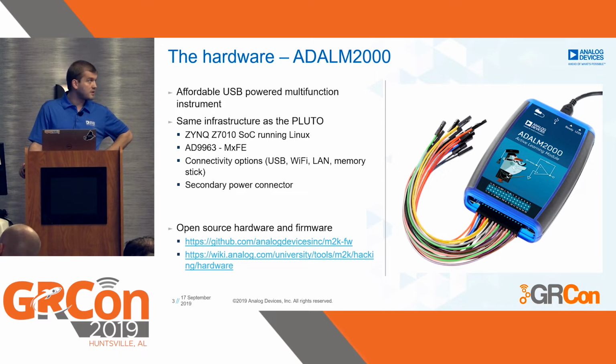But the connectivity options are the same as the Pluto, so you can connect to it using USB. You can have a Wi-Fi dongle or a LAN dongle, or you can even put in a memory stick. If you want to use the OTG capabilities of the Pluto, you would also need to use the secondary power connector. So it's all open source hardware, open source software. You can check out the source code and the schematics at the links there.